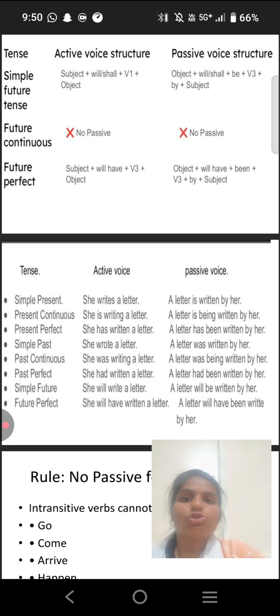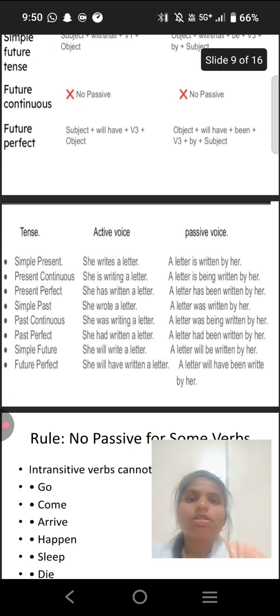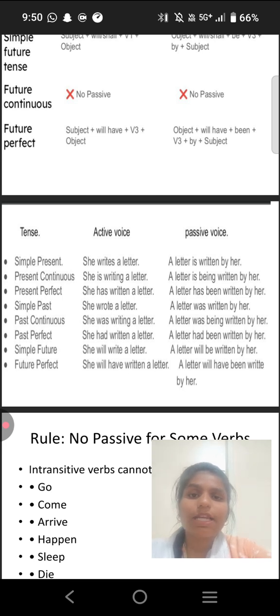Now future perfect tense: in active voice, subject plus will plus have plus V3 plus object. In passive voice, object plus will plus have plus been plus V3 plus by plus subject.